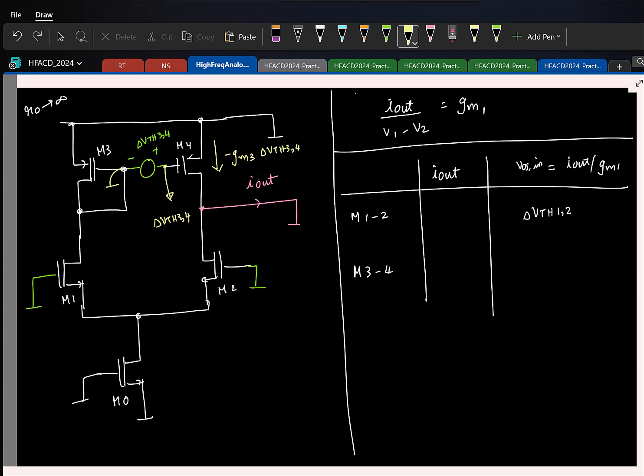The signs don't matter for offset, but it's always good to be consistent with this. So this is the short circuit current. To find the input referred voltage, I'll divide this current by the short circuit GM, which is GM.